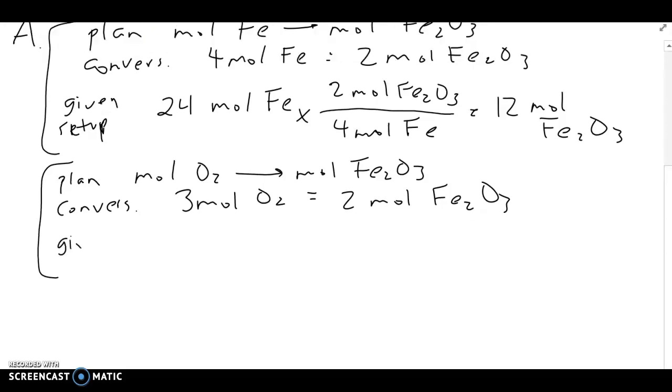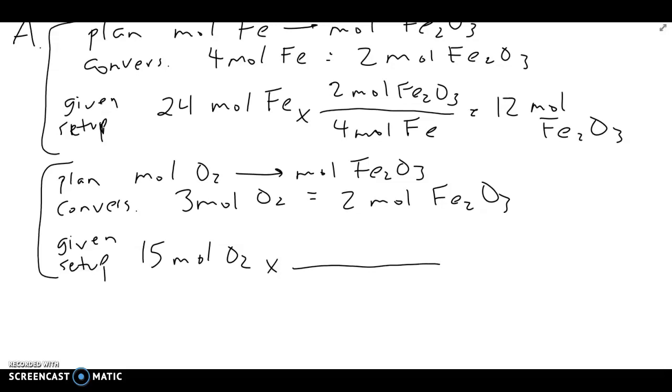So, given and setup. We are given, in this problem, 15 moles of O2. We have 1 arrow in our plan, 1 conversion, so we need 1 fraction.